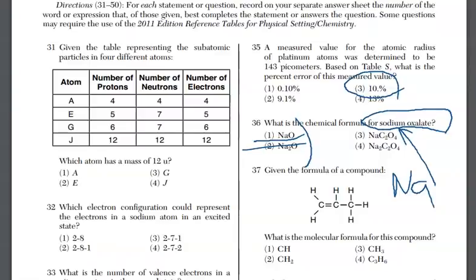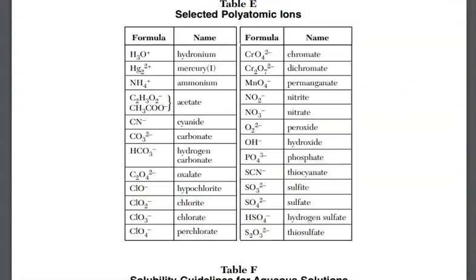Let's go to reference table E. We need to find oxalate and its charge. We're at reference table E. We go down, we find oxalate. And for oxalate, it's a -2 charge. This is where you use the crisscross method. You might remember practicing this with your teacher. Sodium is in group 1. It's +1 charge.